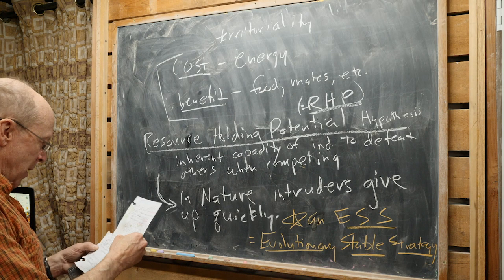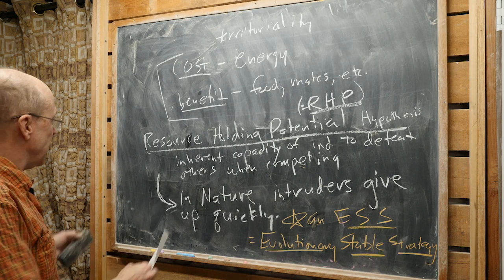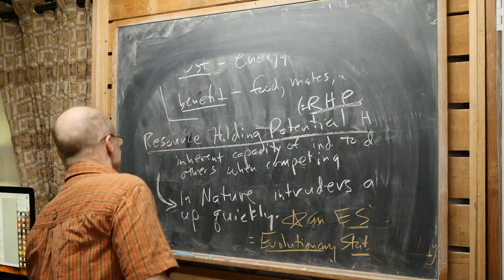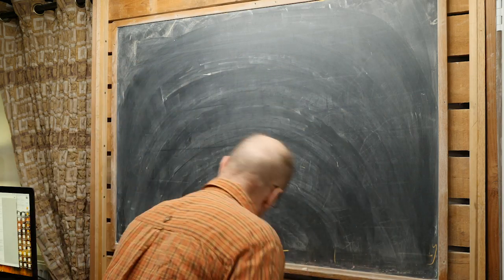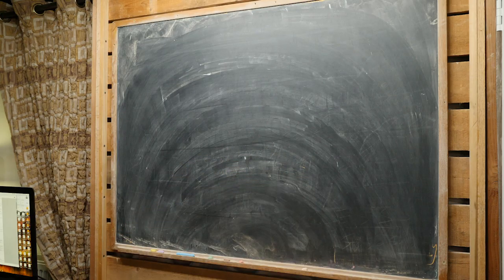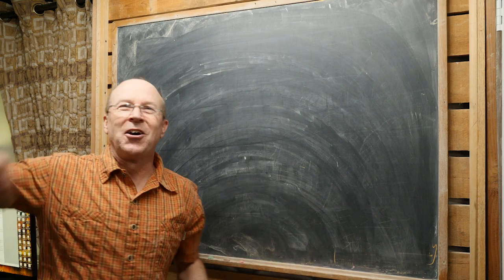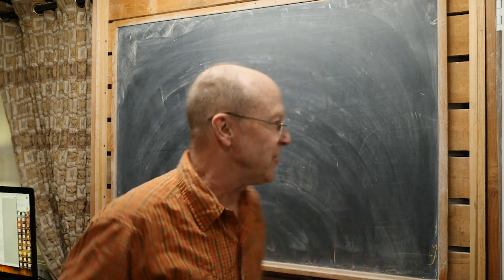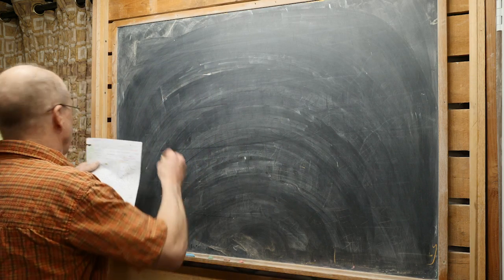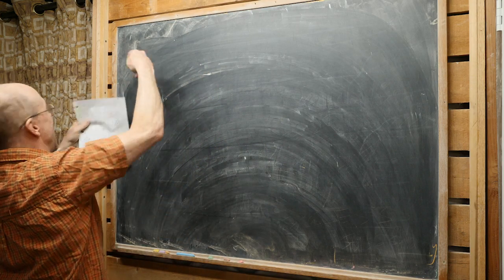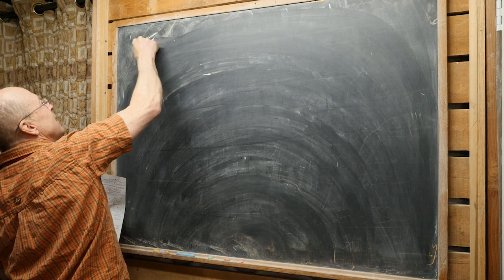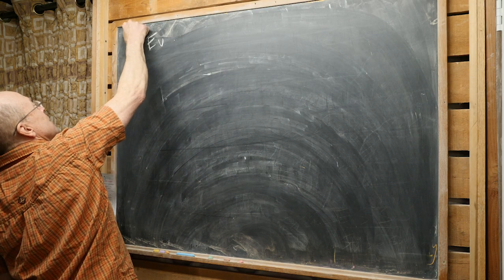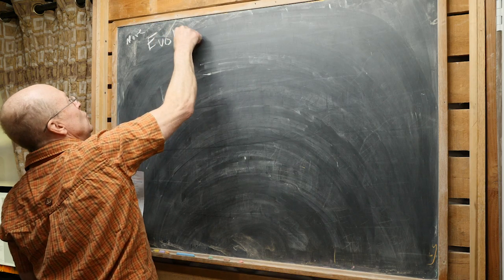So, having said that, let's look at another example. Another example of great, cool stuff in territoriality is going to be some evolutionary adaptations.